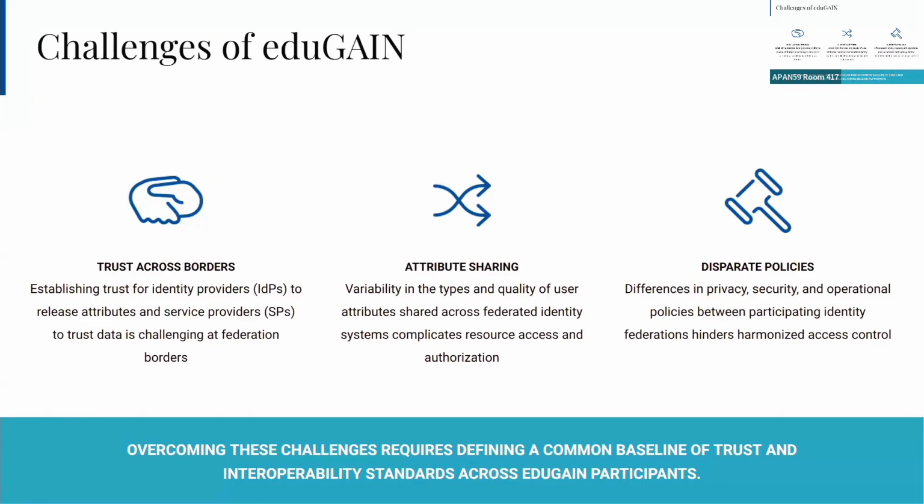And attribute sharing is difficult because the semantics are many times changing among countries, and we also have different policies on privacy, security, and even how you run the operations. For example, some identity federations update the metadata about the entities every day, every few days, every few hours, and eduGAIN is trying to harmonize the whole thing. It's quite challenging. This is why we developed a strategy and a roadmap to evolve eduGAIN to be more useful.